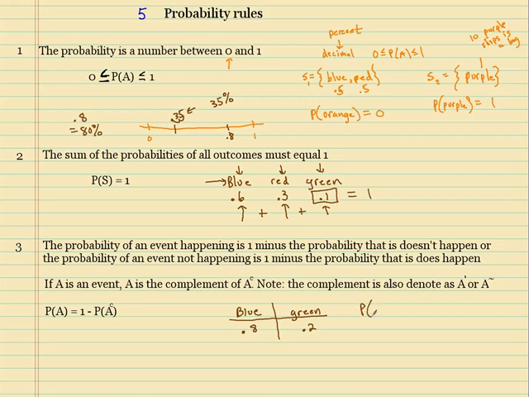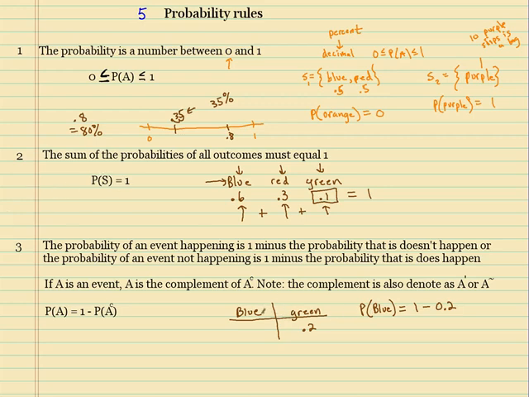What's the probability that you get a blue? The probability that I get a blue is 1 minus the probability that I don't get a blue, which is a green. These are just complement rules, true because both of these have to equal 1. So this rule is kind of an extension onto this one.